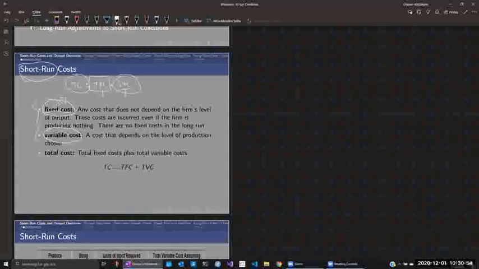But in the long run, you can also choose what type of place you would like to rent, and how big this place will be. Then you can change these costs, and these costs will also depend on the level of production you would like to undertake.